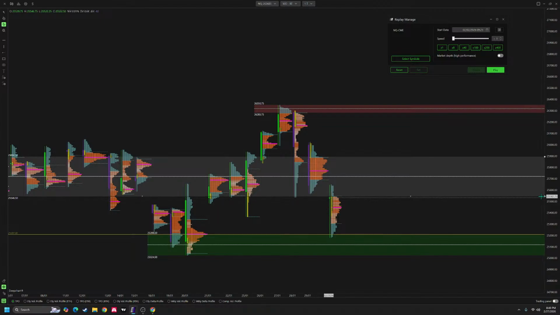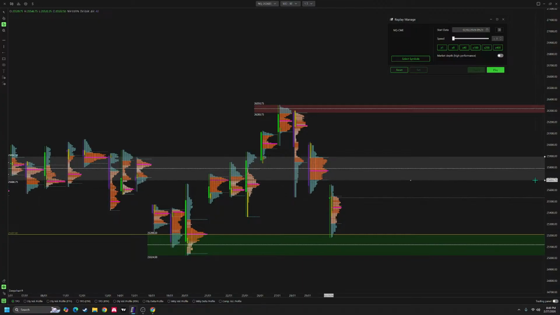If I can put my cursor on it, because it's tiny. There it is. So I might even say that range right there, because it was the value area low multiple times. Also the POC.